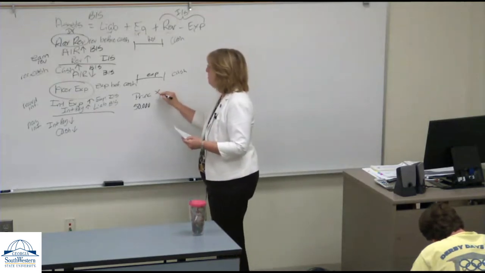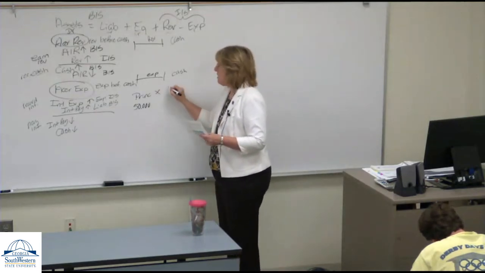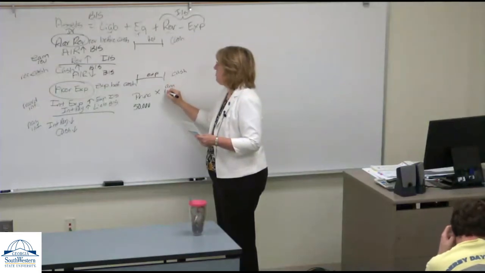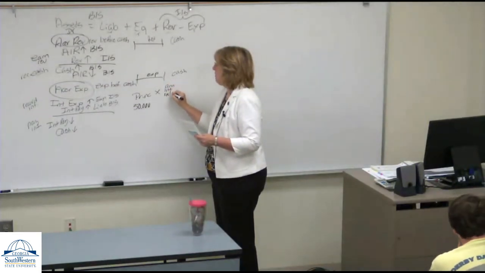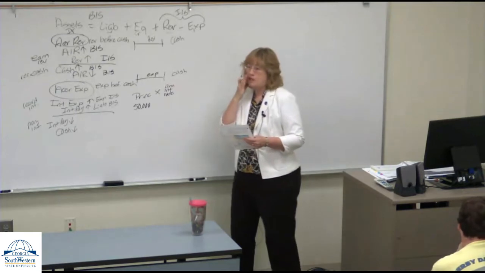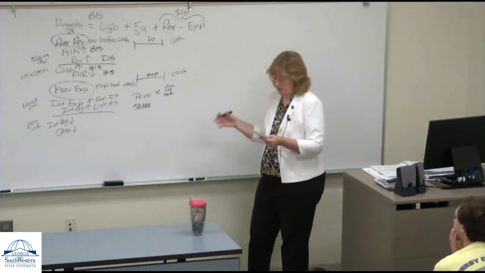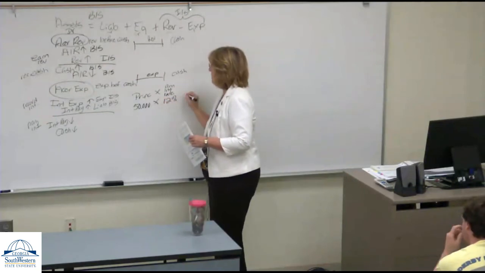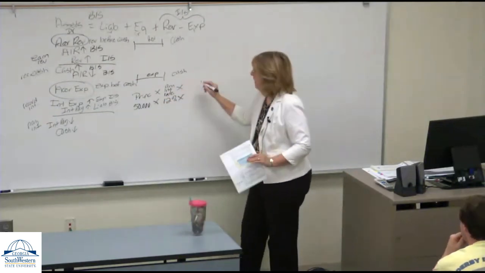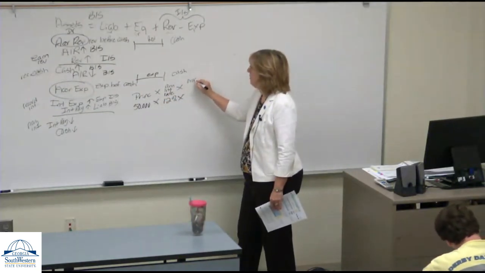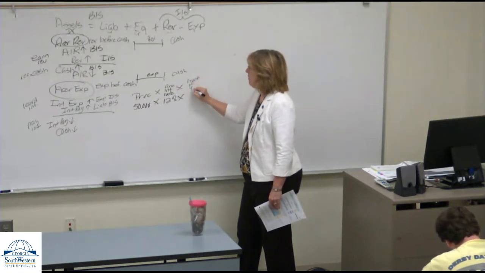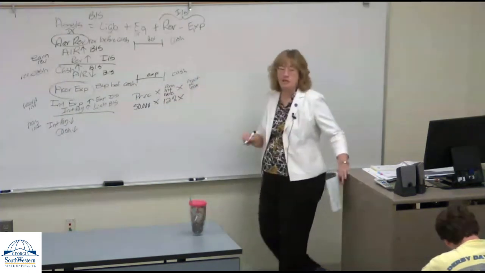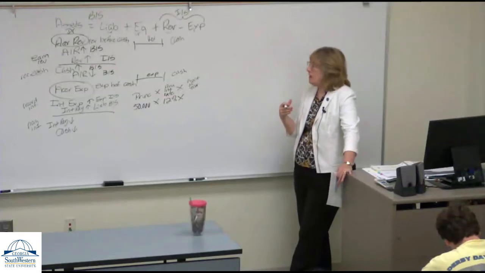We take the principal amount of the note times the annual interest rate, not the monthly interest rate, but the annual interest rate. So in this situation, it was 12%. And then we're going to multiply it by the fraction of a year. How much of a year has gone past? And what are we talking about?